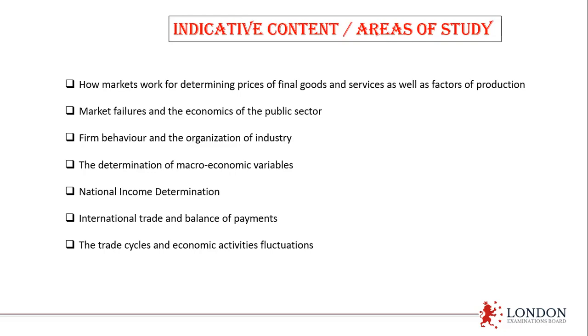A cycle of the economy consists of expansions occurring at about the same time in many economic activities, followed by similarly general contractions. But this sequence of change is recurrent but not periodic. Right, these are the topics you're going to cover in this module.